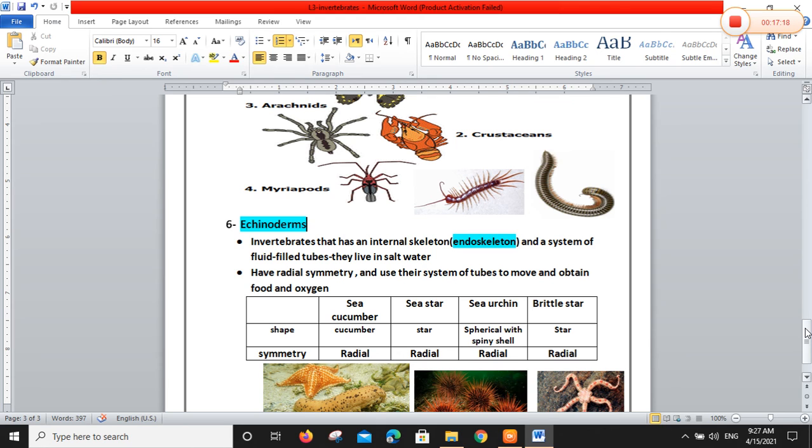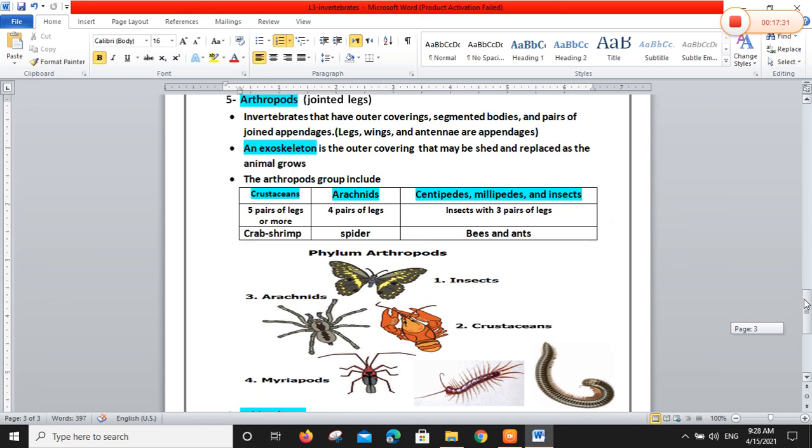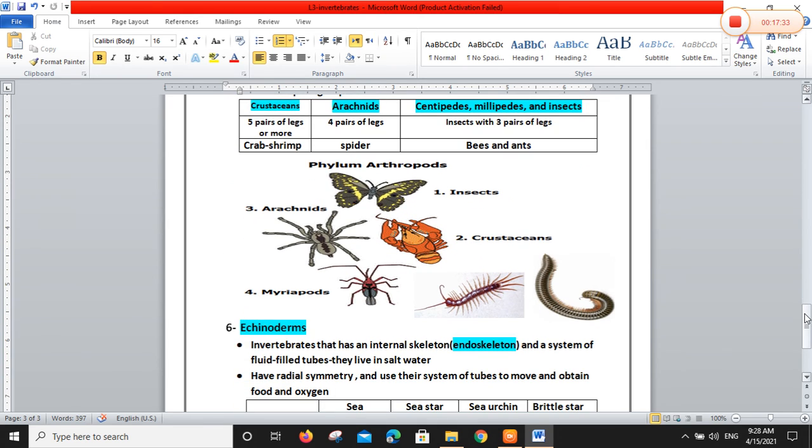They live in salt water. So where can you find the echinoderm? In water, but arthropods on earth. But some types are in water, like shrimp and crab.